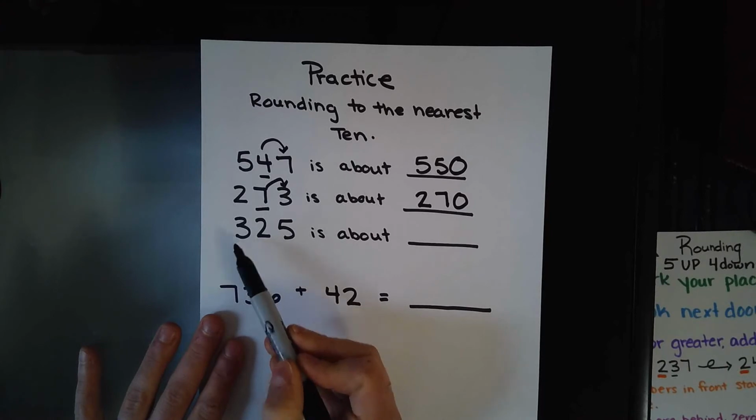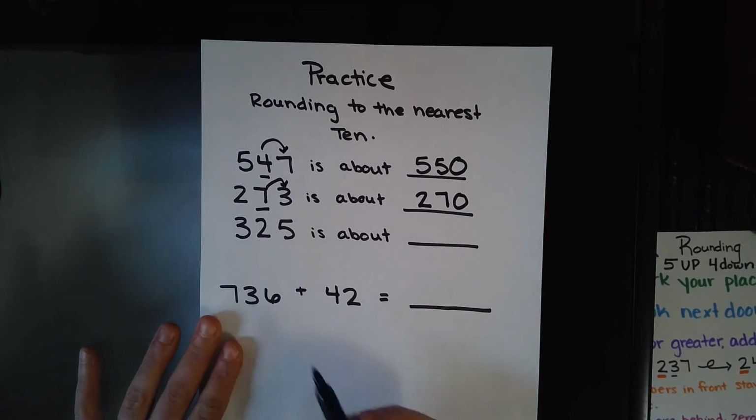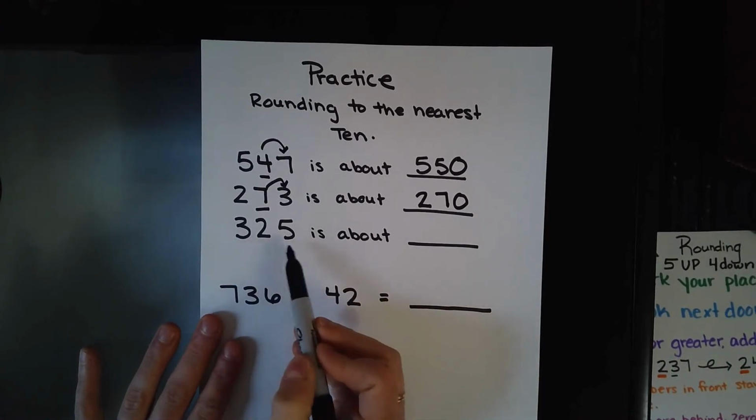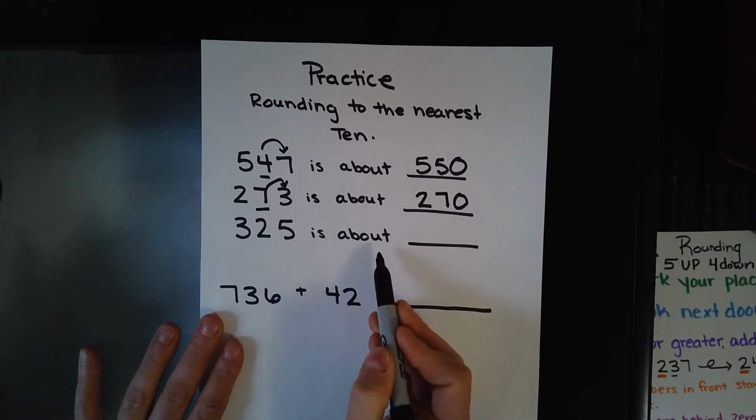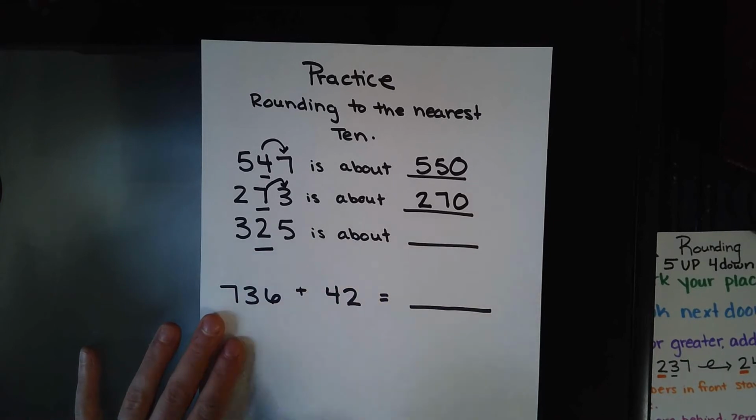Let's try one more time before we work on this with an addition problem. So 325 is about, what should I do? Right, mark it. So mark my 2 that's in the tens place.